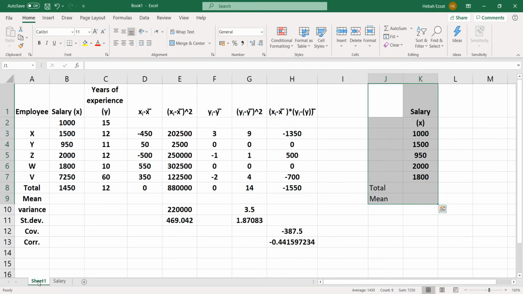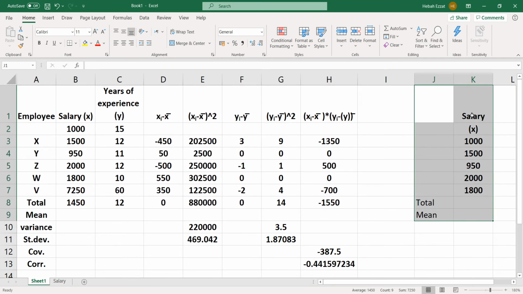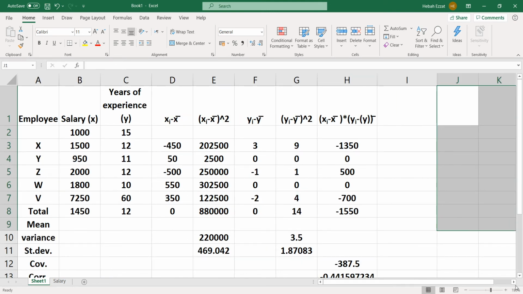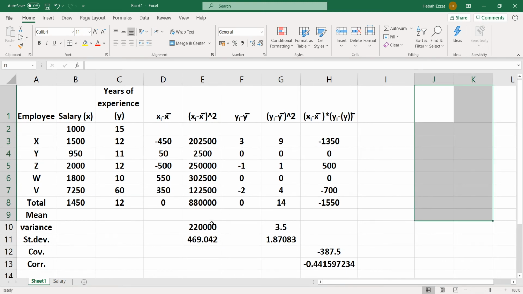For the variation, this is the table we filled in the previous video.